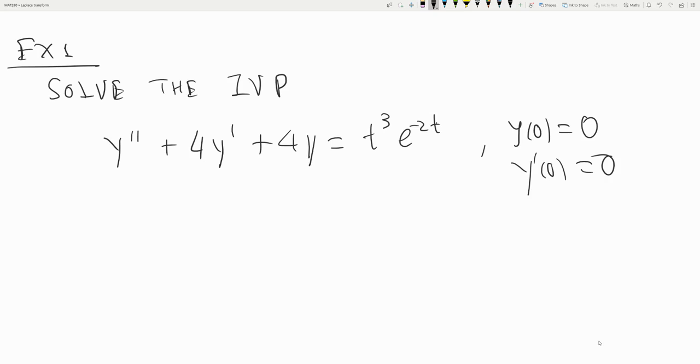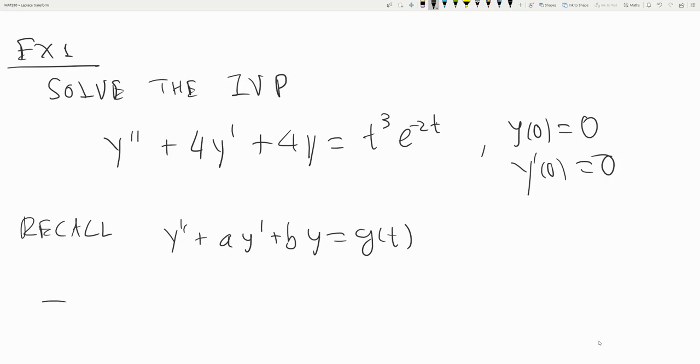Okay, so recall the following. If you have the following ODE, y double prime plus a y prime plus b y equal to g of t, then you have the following.